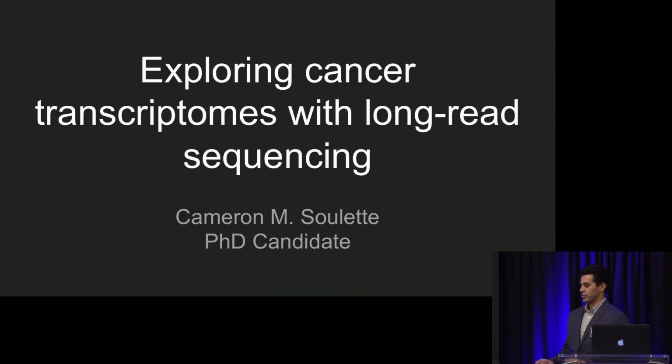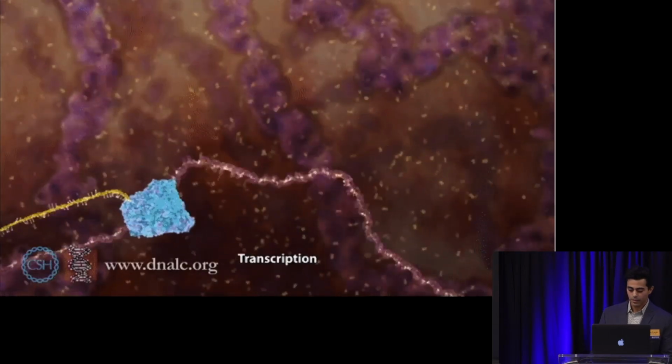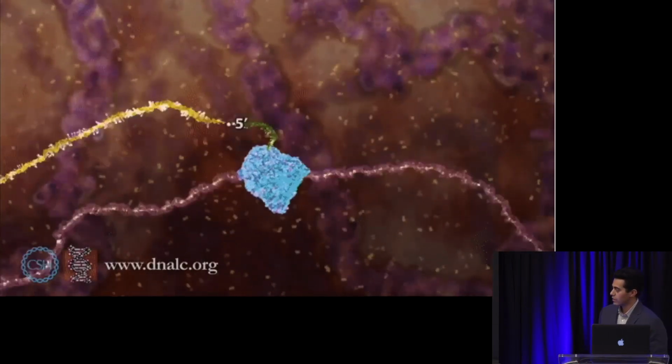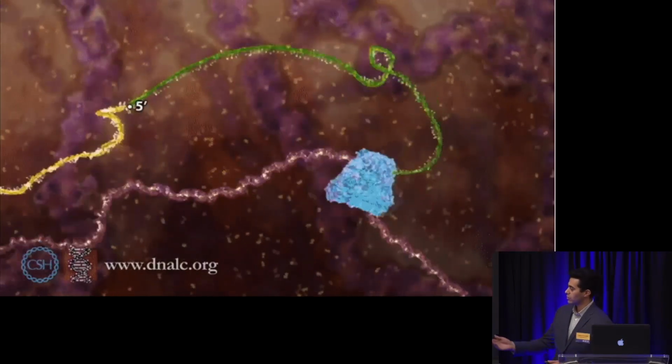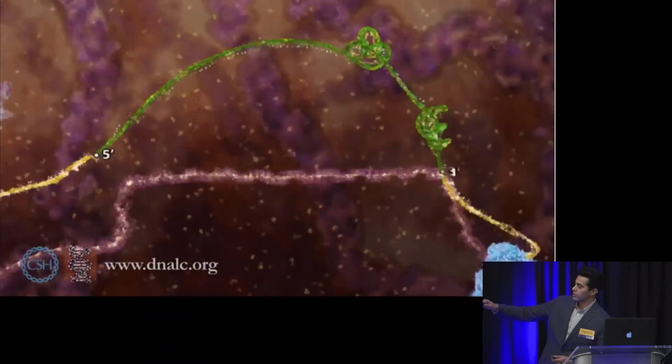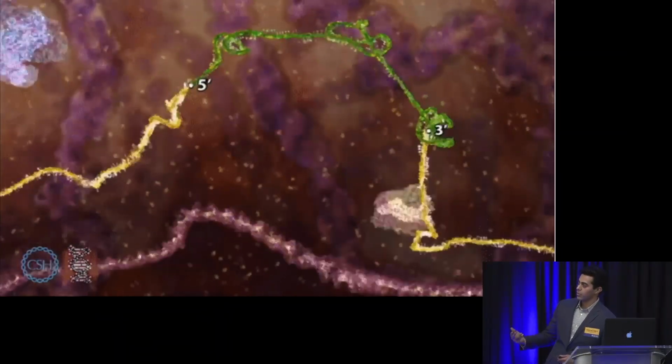Just to start out, I want to show you this quick animation of the first step of gene expression, transcription, and pre-mRNA splicing, because I think this nicely illustrates what's going on in the cell and how these proteins interact with DNA and with the pre-mRNA. Here we're looking at the first step of gene expression, transcription. The strand that's being synthesized is the pre-mRNA.